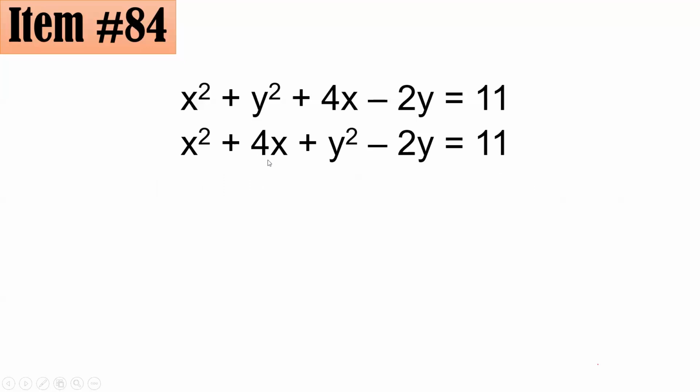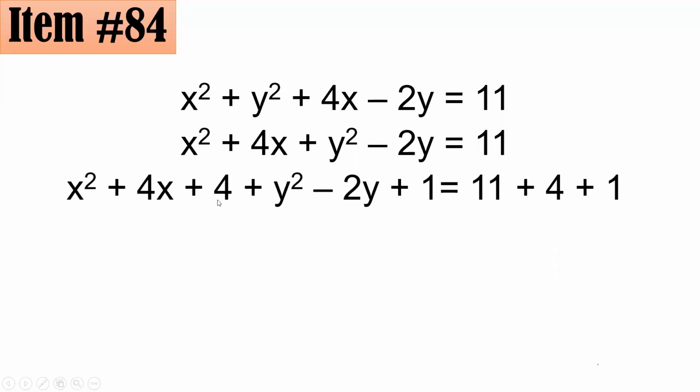4 divided by 2 will be 2. Then square the result will give you 4. That's the reason we added 4 here. For the y squared minus 2y part, I divided the coefficient of y by 2. Negative 2 divided by 2 is negative 1. Then square it.